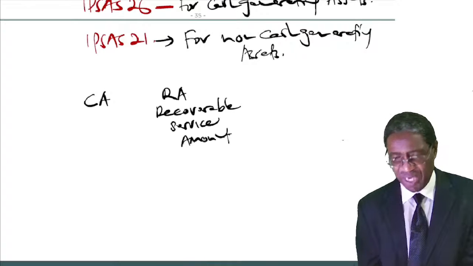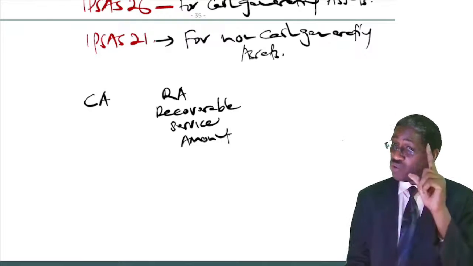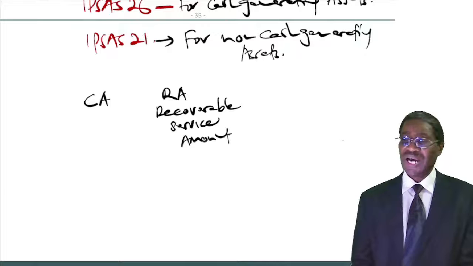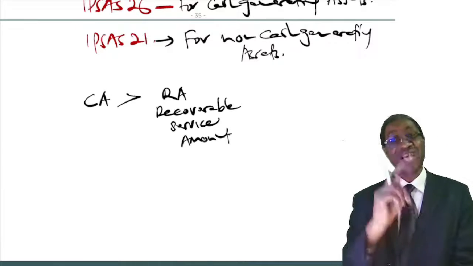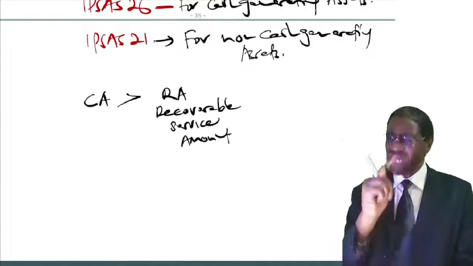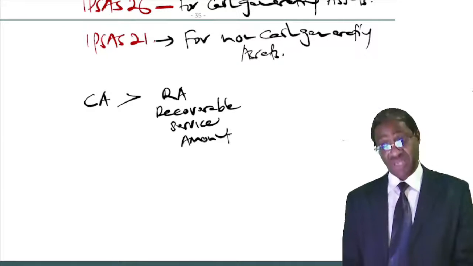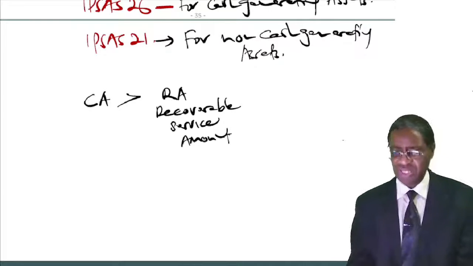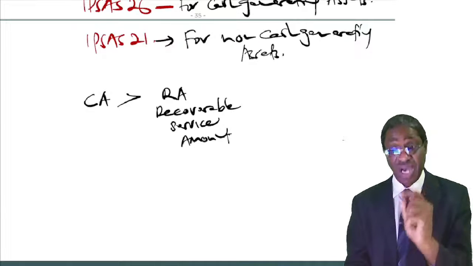Still, to know whether the asset has suffered, you compare those two, and if the carrying amount of the asset is higher than its recoverable service amount, then the asset is said to have suffered impairment. Good. The other point is, how do we compute the recoverable service amount?